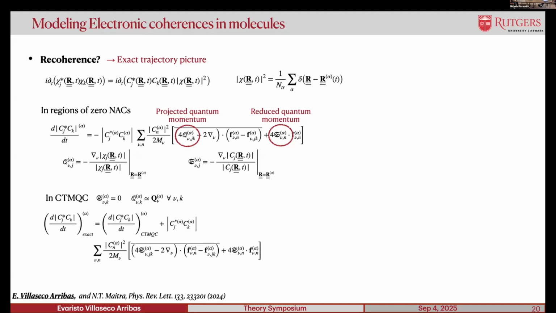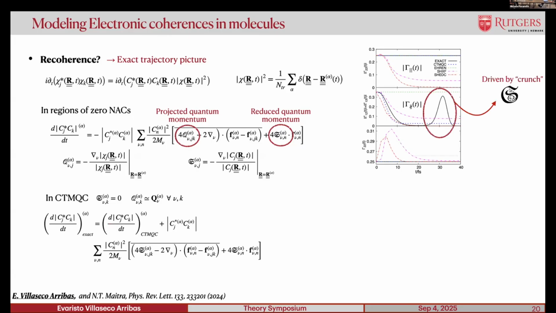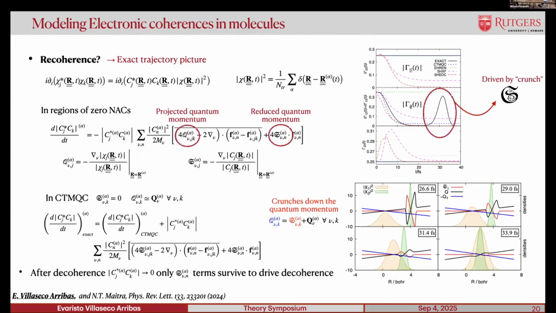So this peak is actually driven by that term, which is neglected, and we call it the crunch because of this property. We have the quantum momentum, and this term actually crunches down the other, making it a straight line, and it should be the derivative of the wave packet.